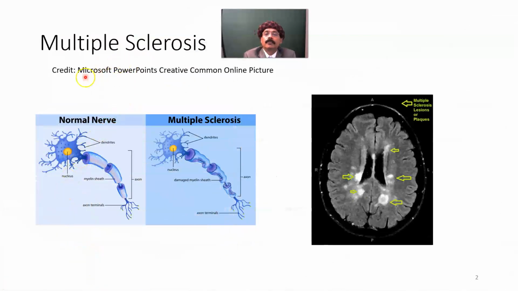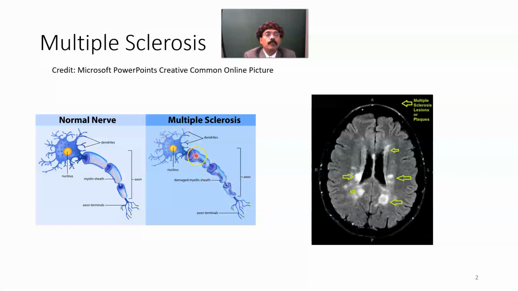Okay, so what is going on here? This is the normal neuron. Here, this is the neuron of a patient with multiple sclerosis. Again, this is the cell body of the neuron, this is the axon, these are the dendrites, and this is the myelin sheath.